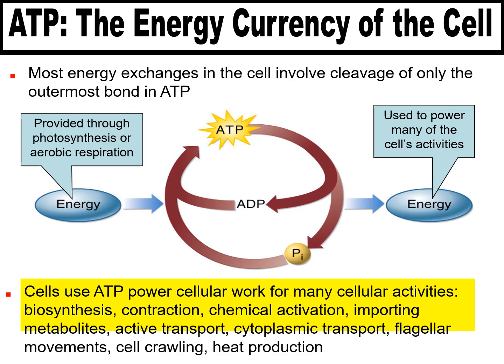ATP is used to power cellular activities. When a cell uses chemical energy to perform work, it couples an exergonic reaction with an endergonic one.